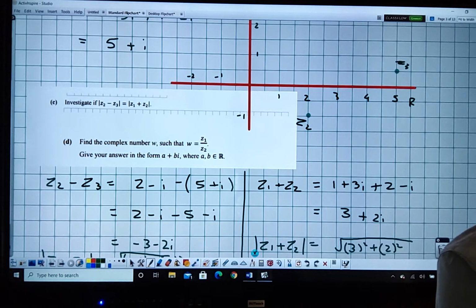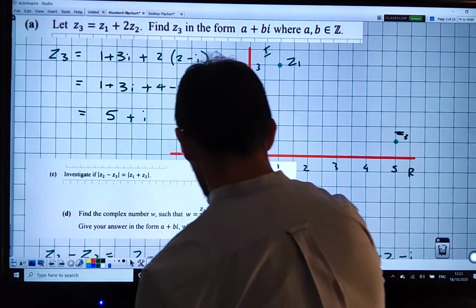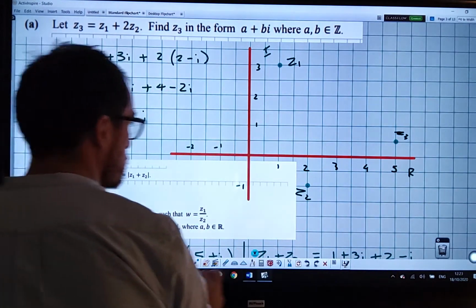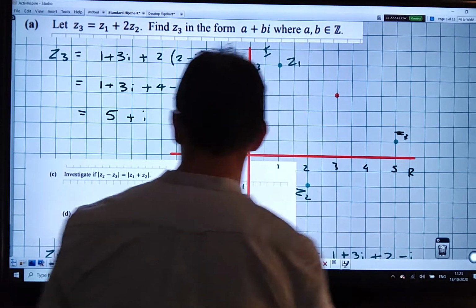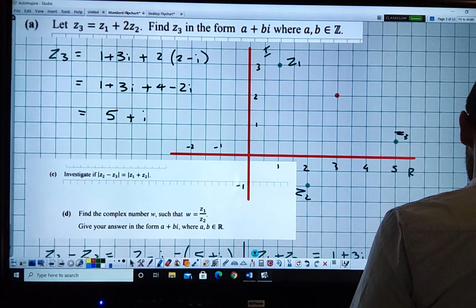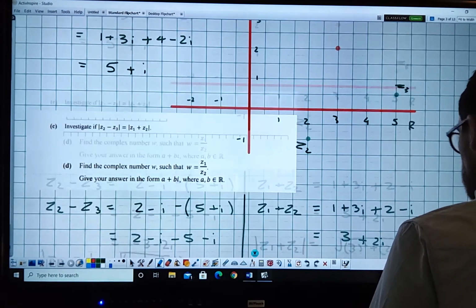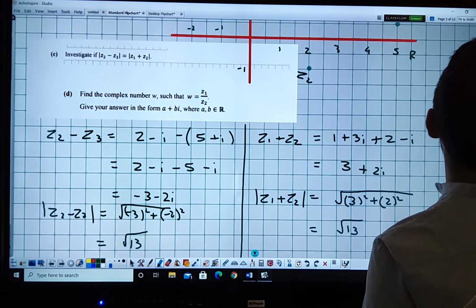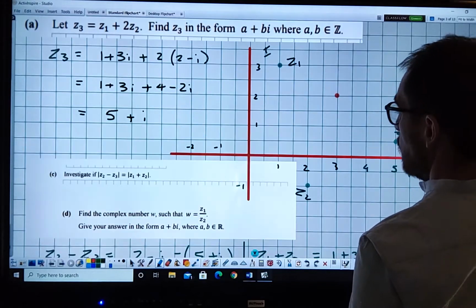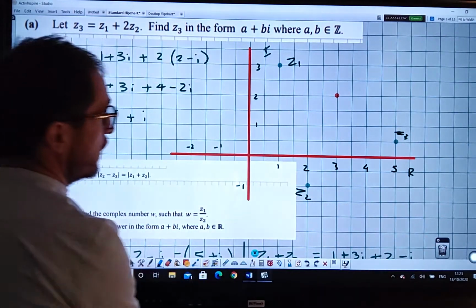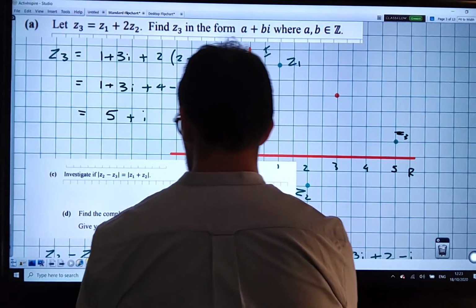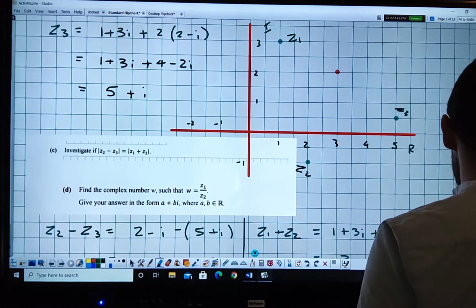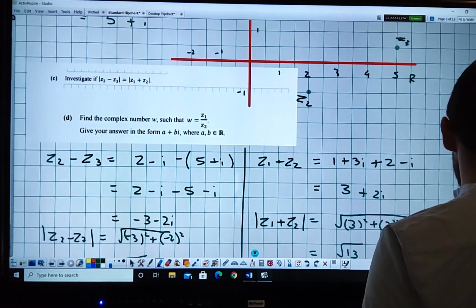So 3 plus 2i, which is here, is there, and the other one we had was minus 3 minus 2i. So it's going to be down there, so they're the same distance apart. Okay, and the last part of this question is find the complex number z1 over z2.